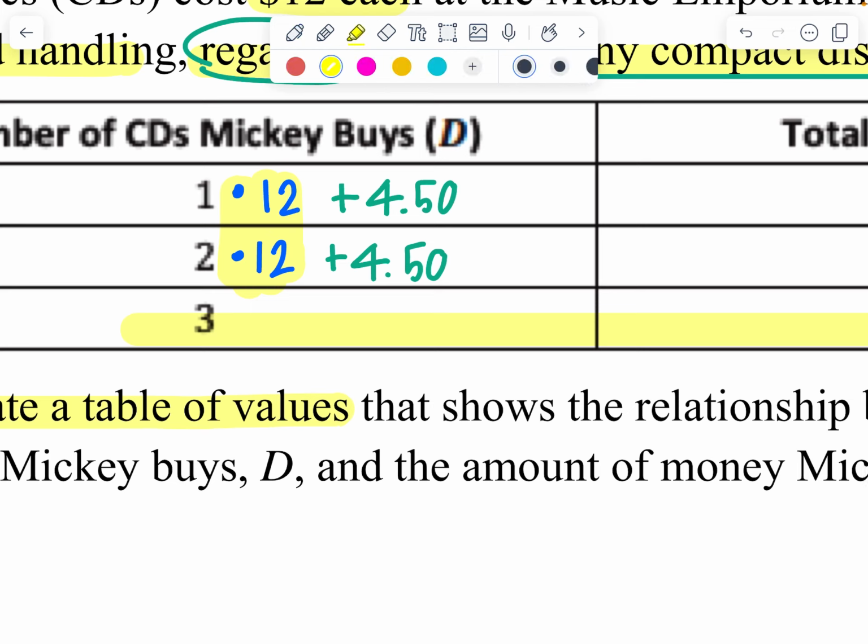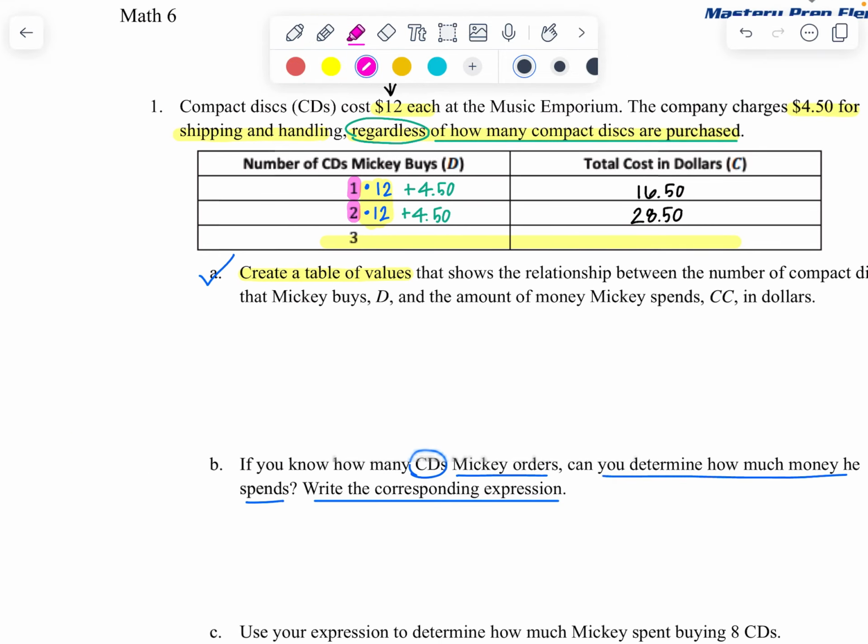I can see that I am taking the number of CDs that Mikey buys, 1 or 2, and doing the same thing each time. Let's write it out here. I'm multiplying C, the number of CDs, times 12, the cost per CD. This C just means no matter how many CDs I buy, I need to multiply the cost by 12.